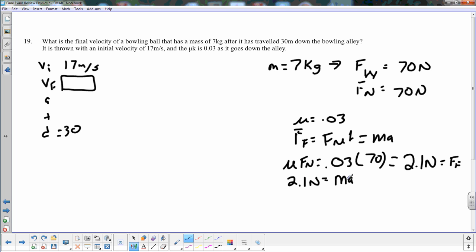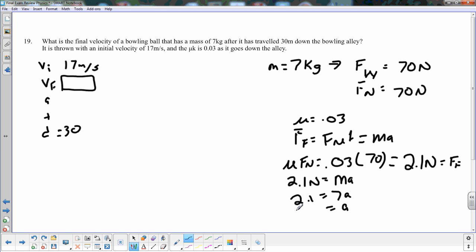2.1 divided by 7, I just want to make sure that this is right, 0.3. Now, here's where you guys screwed up in the exam. This is friction. 0.3 meters per second squared, slowing down. So again, the acceleration is negative 0.3 meters per second squared.